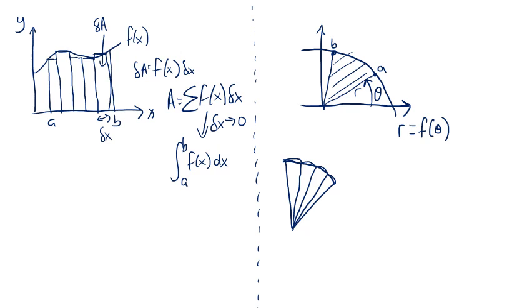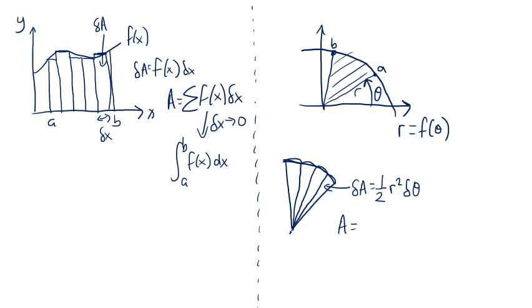Rectangles aren't really appropriate here because it tapers in and gets thinner at one end, but a sector is a good approximation of that area. And the area of one of those is just going to be equal to a half r squared times the angle, and the angle here, let's call that a small change in theta, so delta theta.